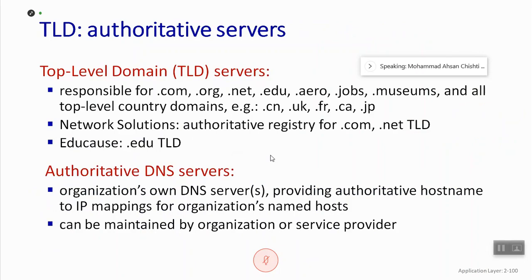Then the authoritative DNS is the organization's own DNS server, maintained by the organization or service provider. If you have BSNL's service, BSNL would give you an IP address which is BSNL's own DNS server, which comes here at the last as authoritative.